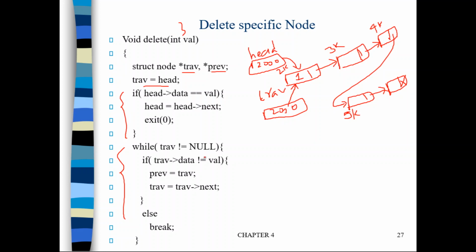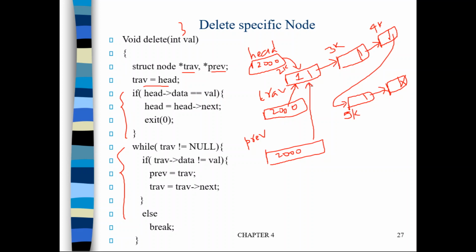If that is the case, then we do previous equal to traverse. We are maintaining another pointer which is previous. So previous will hold whatever traverse contains. Traverse contains the address 2000, so previous also will hold the address 2000, which means that now previous is also pointing to the first node.